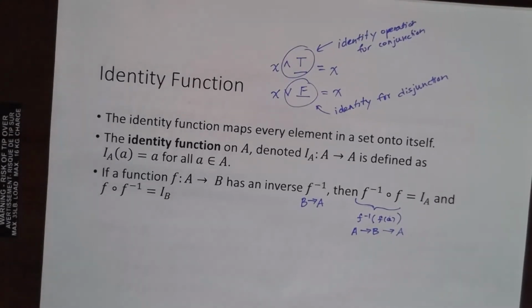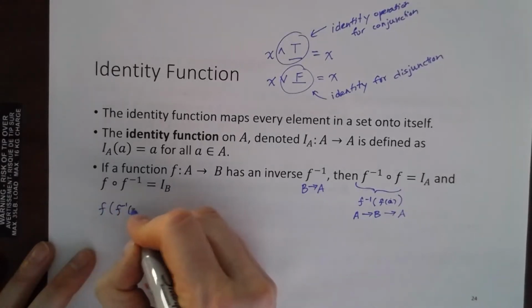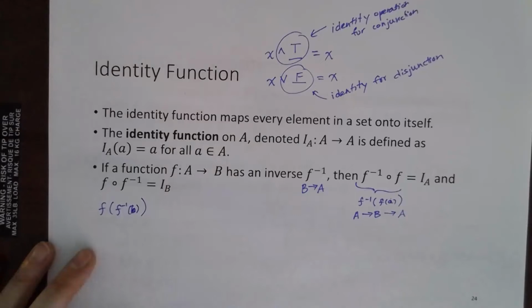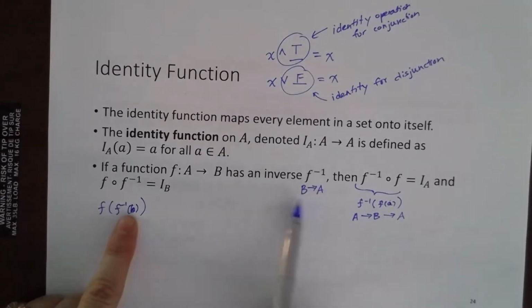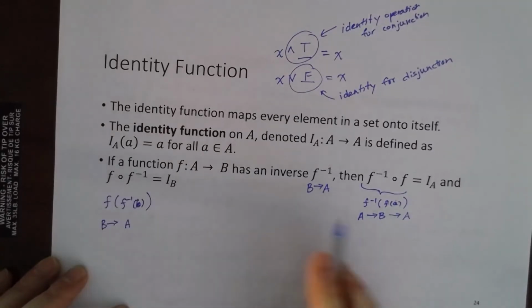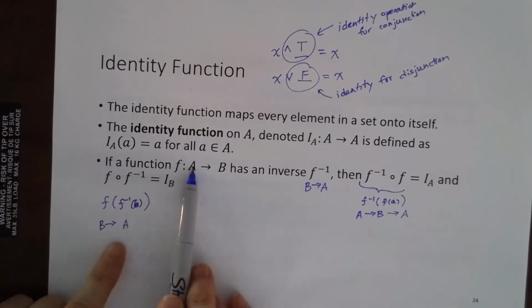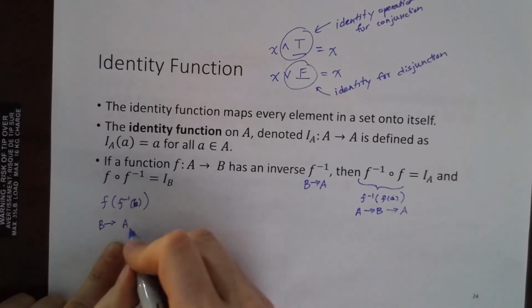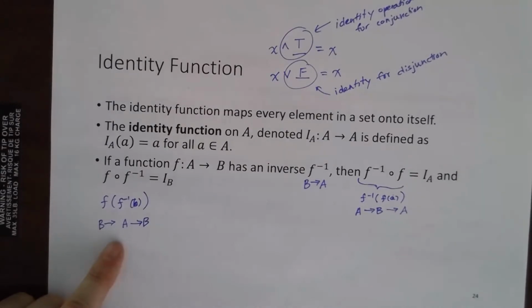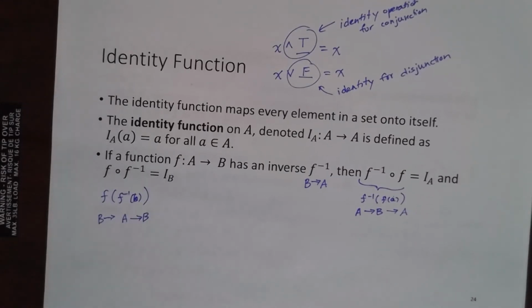However, if we compose them in the other order, this time we're doing f of f inverse of, say, B. So f inverse is the thing that's on the inside, that's happening first. We take a value from B, and it gives us something from A. Whatever output it gets us gets fed into the f function, which takes something from A and gives it to B. So in this case, we get an input from B and an output from B, giving the identity on the set B. In either case, we're getting an identity, it's just on a different set.